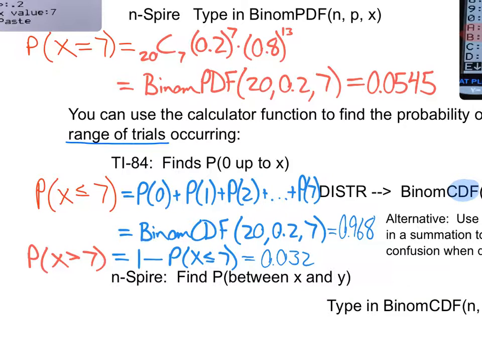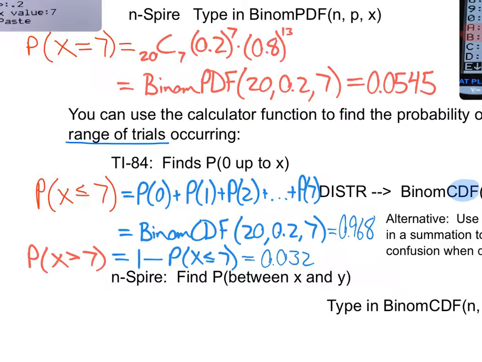Correct. I do second bars, and then go down to B. Yes. And then type in 20. And then the p-value's 0.2. Mm-hmm. And then the x value is 7, and it's saying that there's an error. Did you do 0.2 or 2? 0.2.